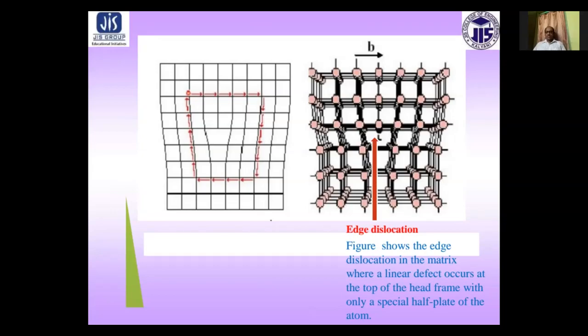The dislocation line can also be described by the Burgers vector b, as shown in this figure. The Burgers vector indicates the amount and direction of the shift of the lattice on this slip plane.